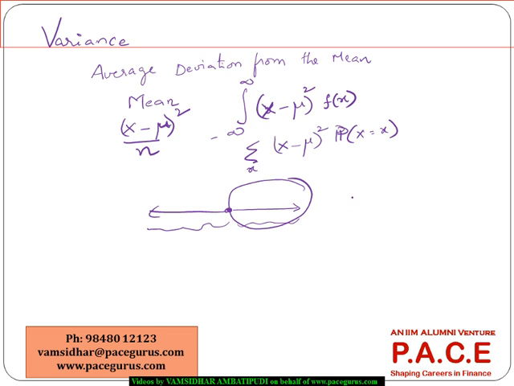So they don't really dislike this. Their dislike is only for this. So it is essential for us to compute the measure of risk, because here we are saying variance as a measure of risk.